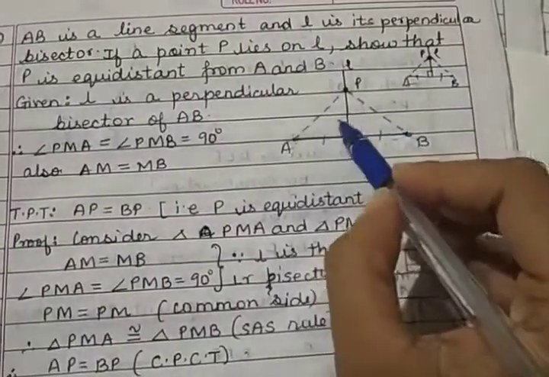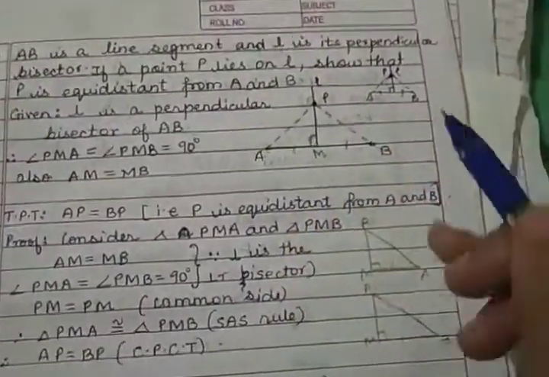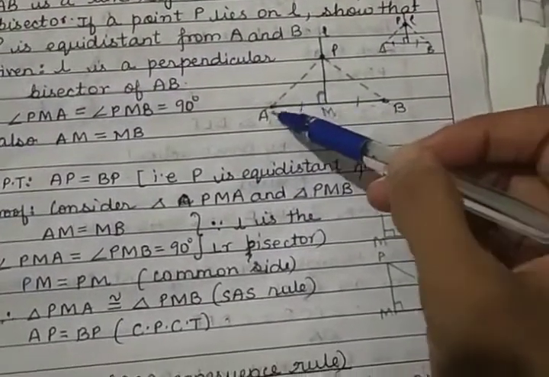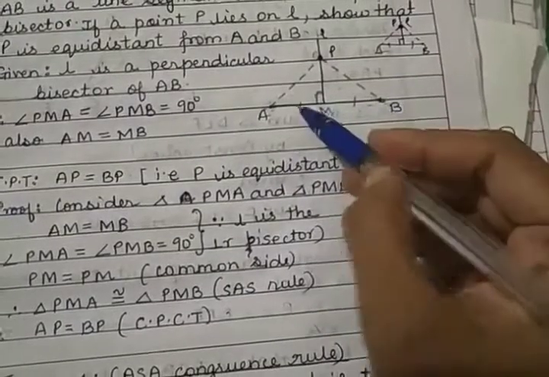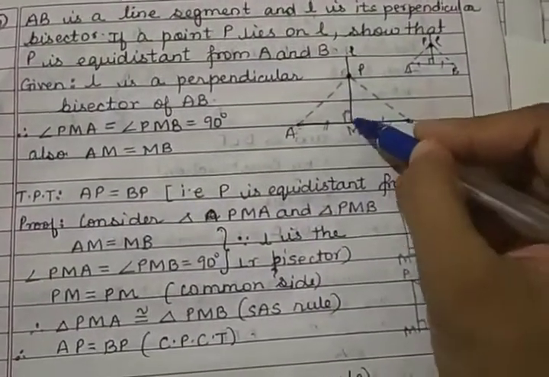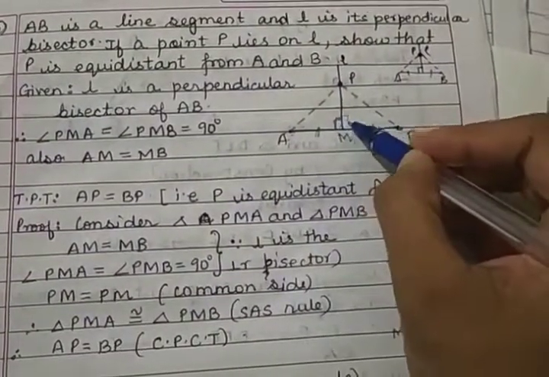To show that these two triangles are congruent, I have to find three conditions. One condition is that AM is equal to MB, which is given to us. The second condition is angle PMA is equal to angle PMB because this is perpendicular, both are 90 degrees.